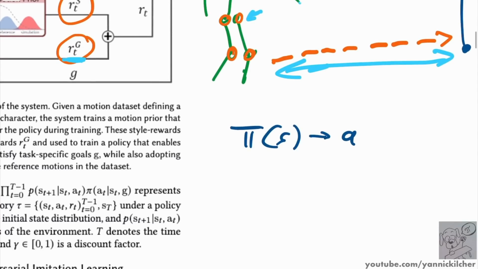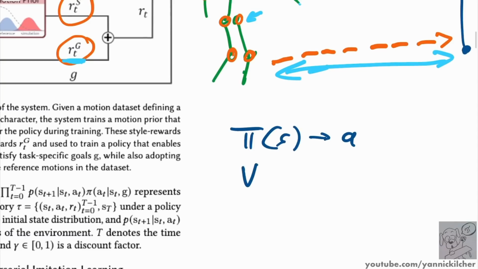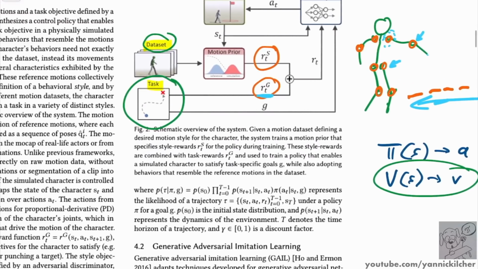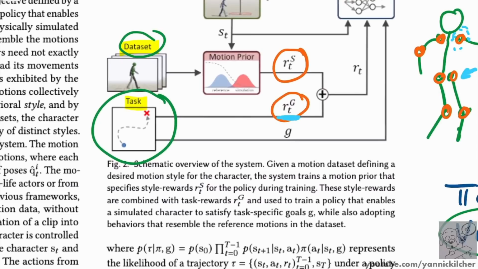And with that, you also train a value function that takes a state and will give you a value for that state. Now, the value function is purely for training the agent because you do advantage estimation with this value function, but essentially this is a standard policy gradient method that you train this lower part of the thing on.